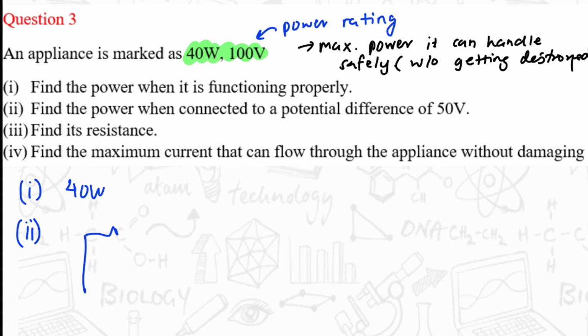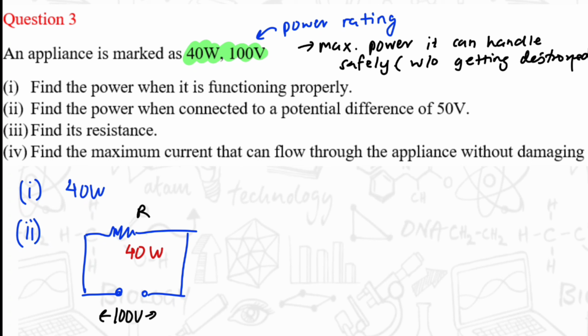initially, if this is the resistor, it can be anything. So let's say it is R, and the voltage supplied is 100 volts and the power will be 40.